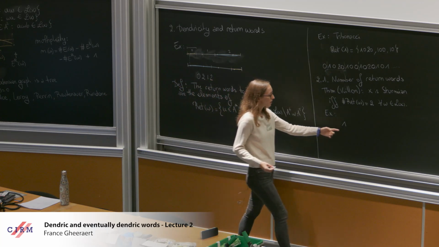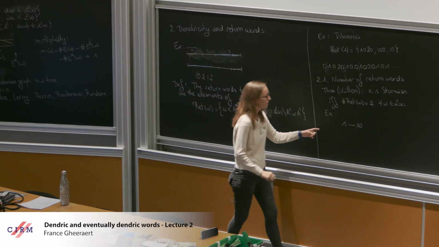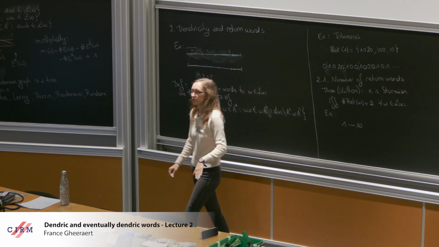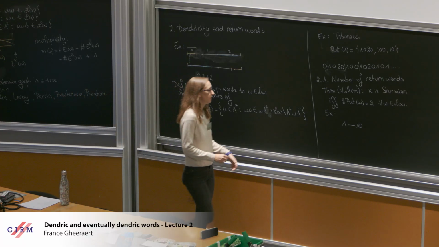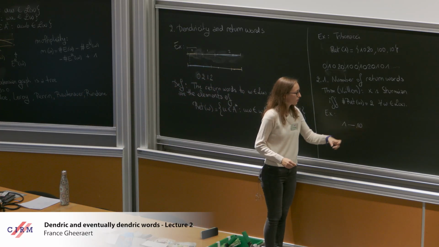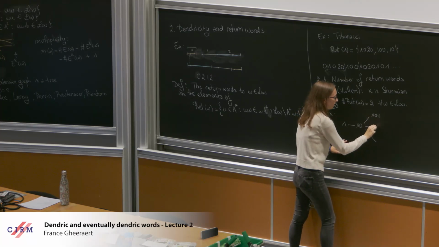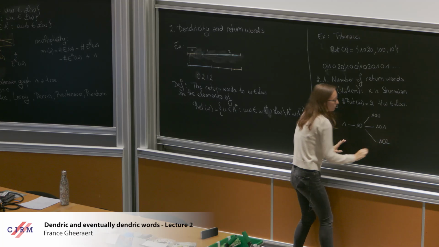In Fibonacci, after 1, I always see a 0, so the only possibility to extend 1 on the right is to go to 1, 0. Now after 1, 0, I have 3 different possibilities. I can either see another 0, I can see a 1, or I can see a 2.